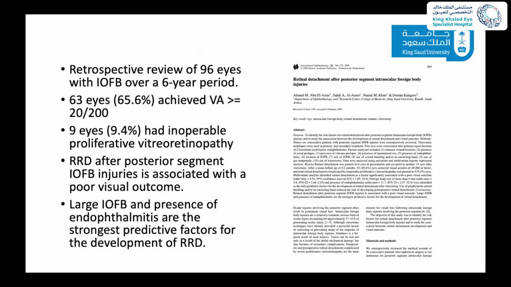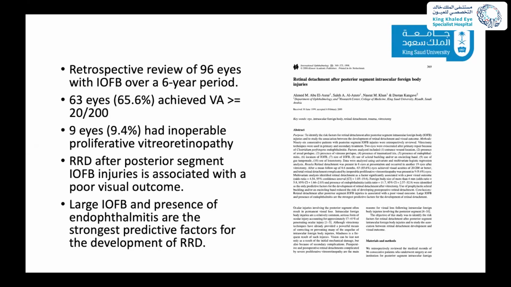Coming to the studies that have been published within our region, this study published in 1998 by Dr. Abul Asra and colleagues retrospectively reviewed 96 eyes with intraocular foreign bodies over a 6-year period. They included 63 eyes, and the final achieved visual acuity was 20/200 in around 65%.